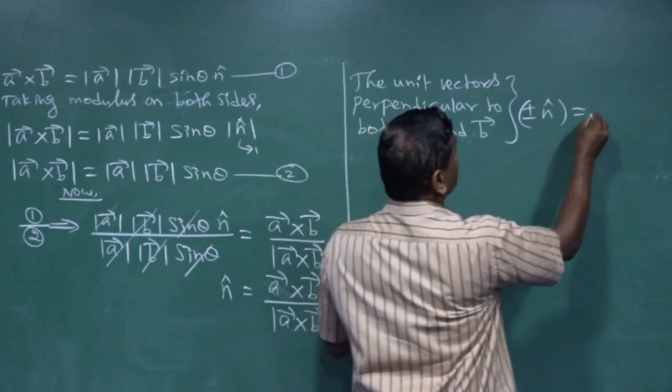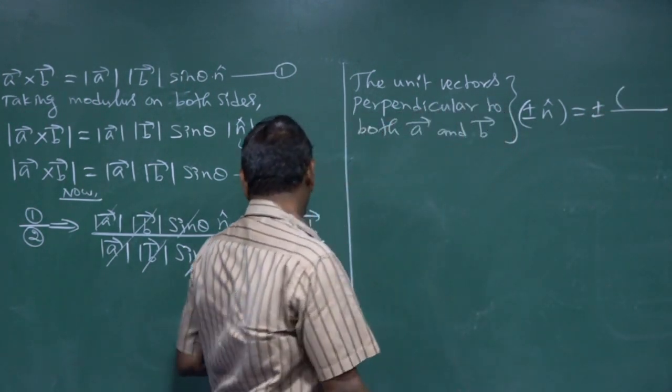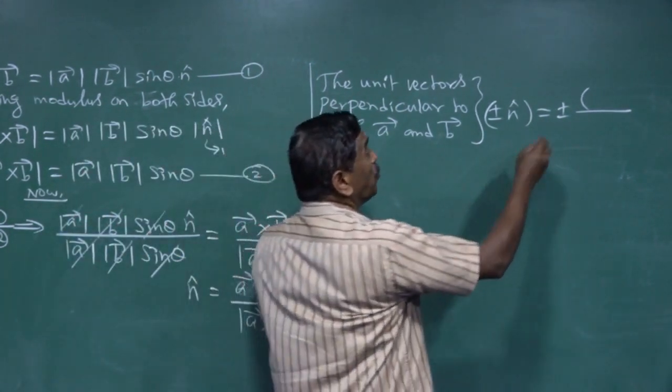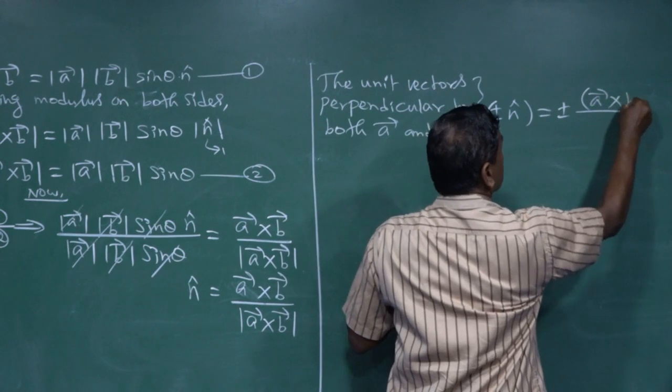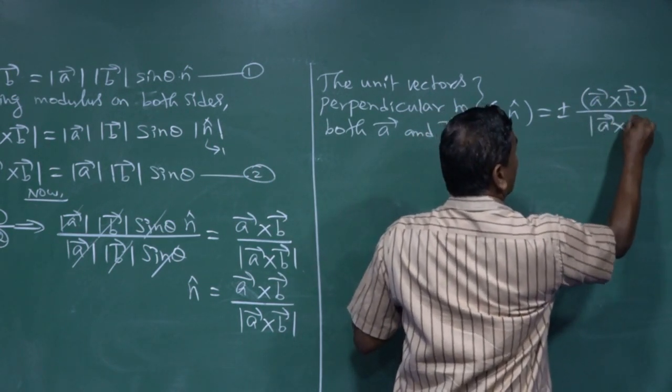For convenience put a bracket for the numerator: plus or minus bracket a vector cross b vector divided by modulus a vector cross b vector.